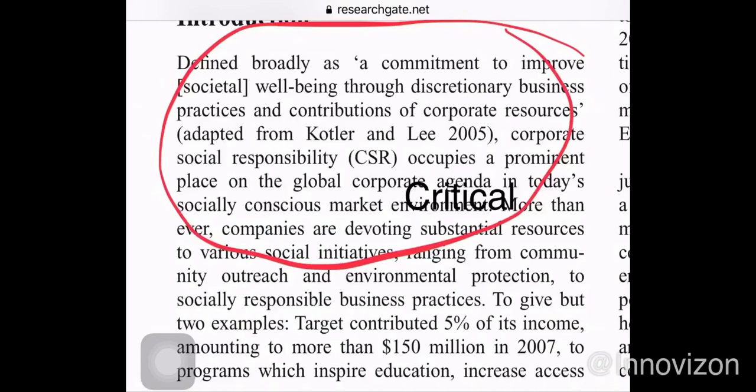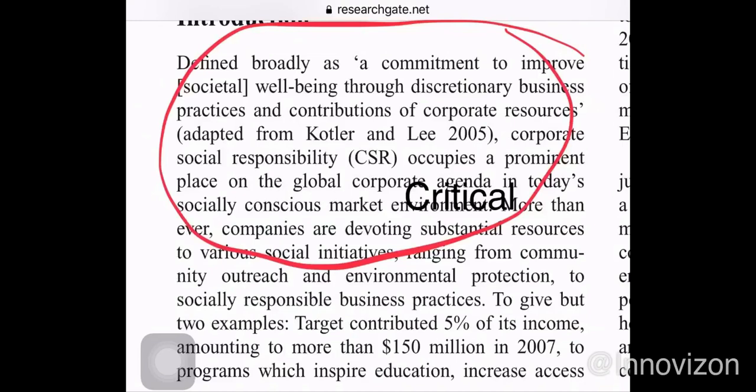They did not loosely define social responsibility, but went right into putting forth many definitions that were raised by leading authors on CSR. And they raised up the definition of Kotler and Lee, which mentions CSR as a commitment to improve well-being through discretionary business practices and contributions of corporate resources.